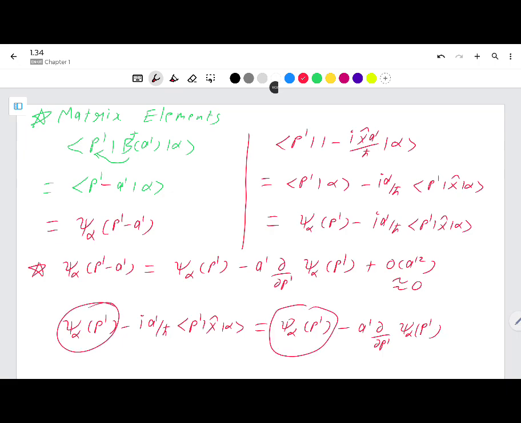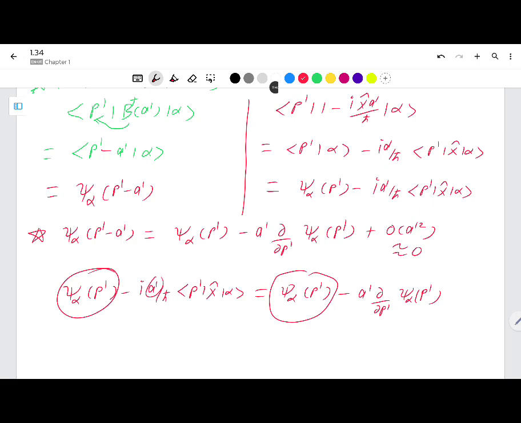These both terms would cancel, A prime would cancel, so this gives us P prime x alpha is nothing but h bar i P prime psi alpha P prime. Okay, I think I made some mistake here.